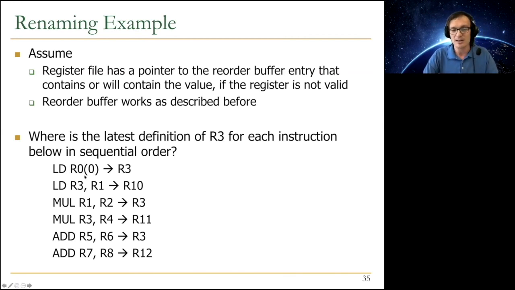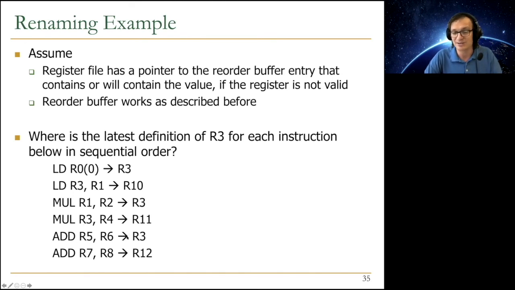For example, this load will write to reorder buffer entry 0. So this register 3 will be renamed to reorder buffer entry 0. This instruction will source reorder buffer entry 0. This multiply will write to reorder buffer entry 2, 0, 1, 2, because you are decoding instructions in order. And this multiply will source register 3 from reorder buffer entry 2.